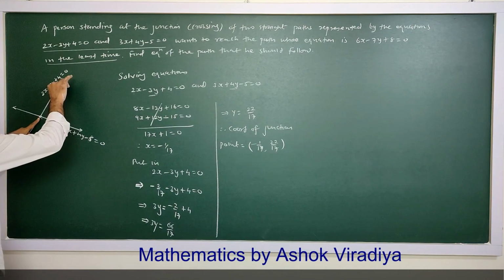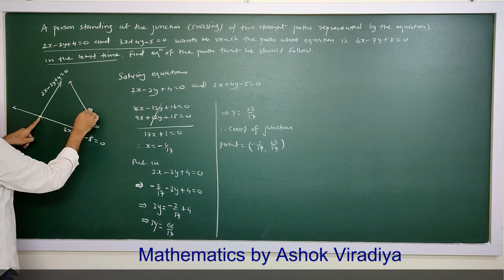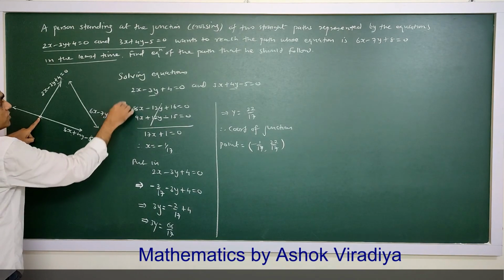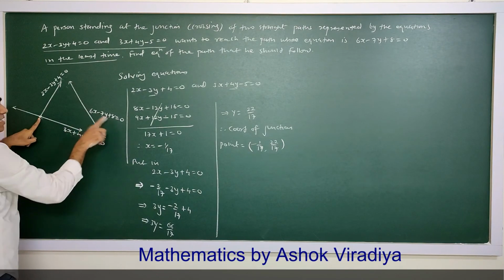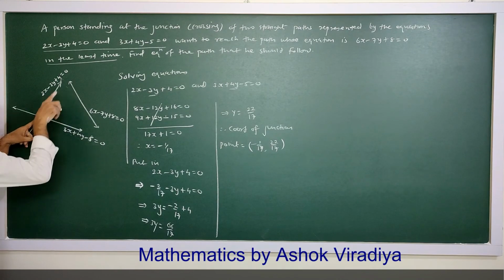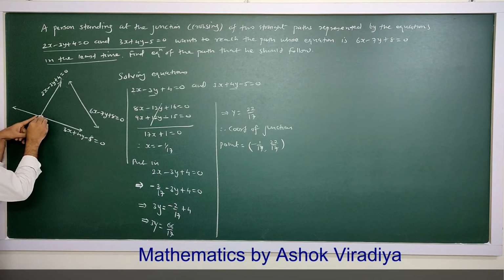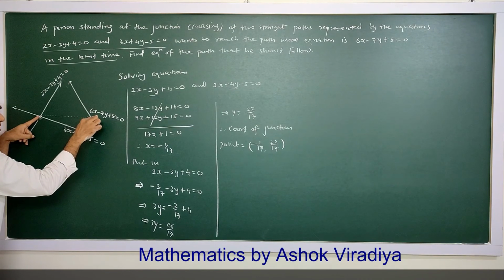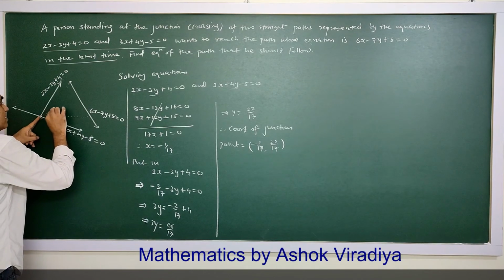Suppose here this is equation of third path. Now from this point a man wants to reach on this path but in the least time. So if he chooses this path to reach on this third path from this point of junction, or if he chooses this path to reach here.